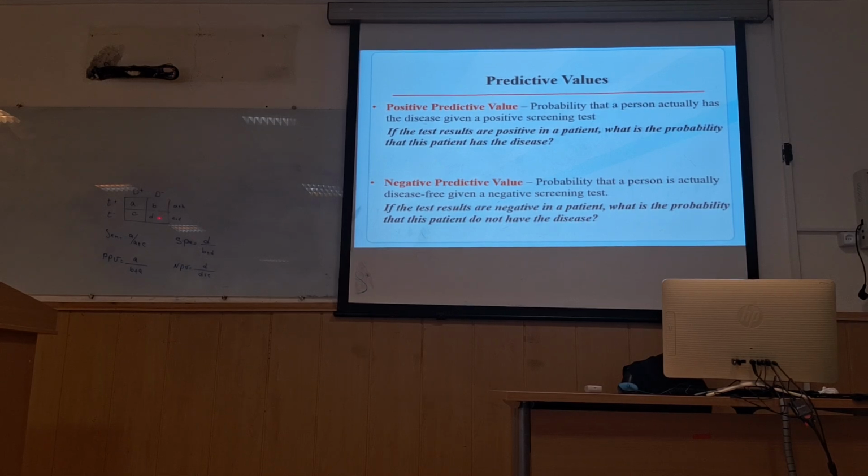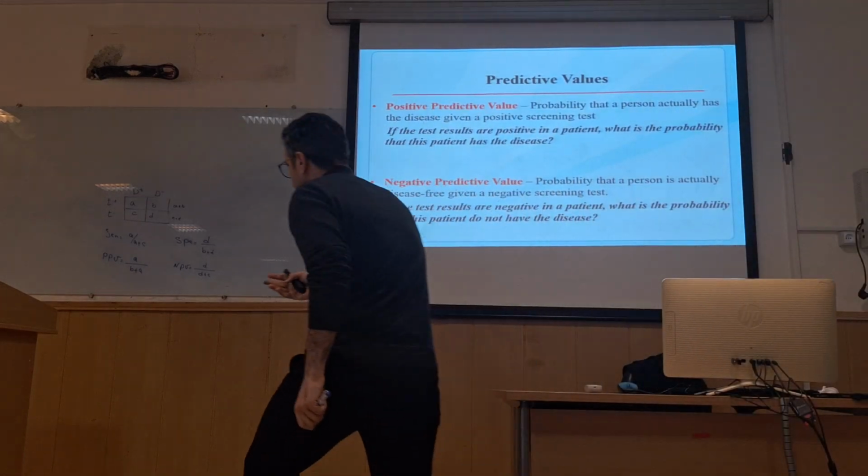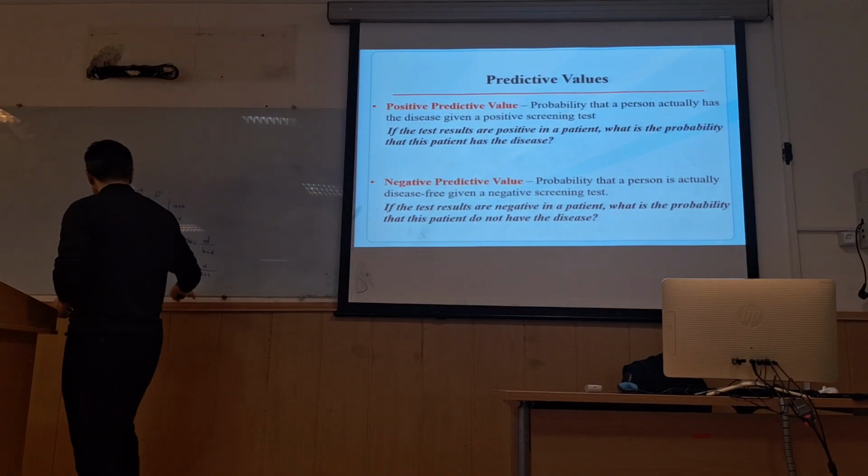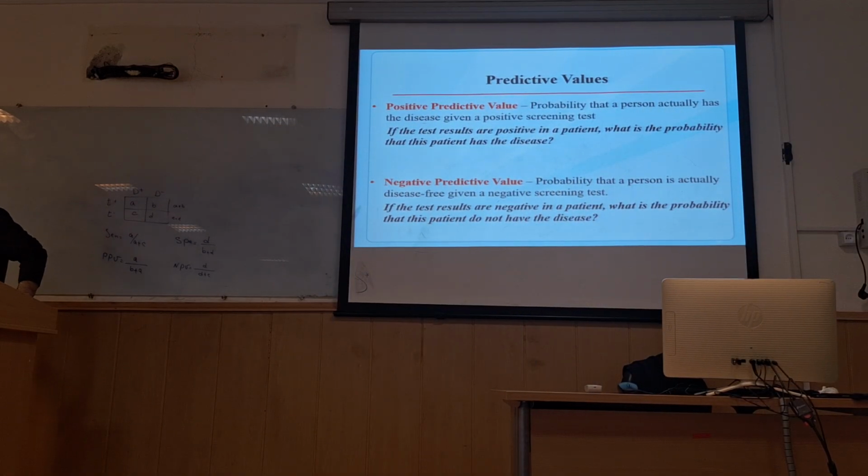The total number of people given a negative test is C plus D. And what proportion of them is correctly negative or correctly free of disease? D divided by D plus C.